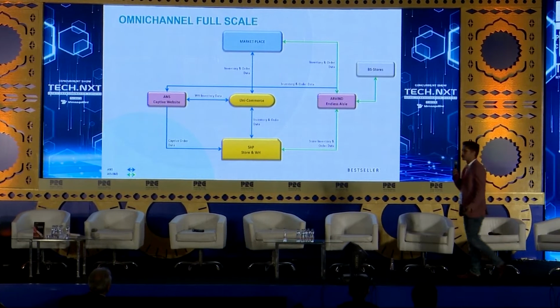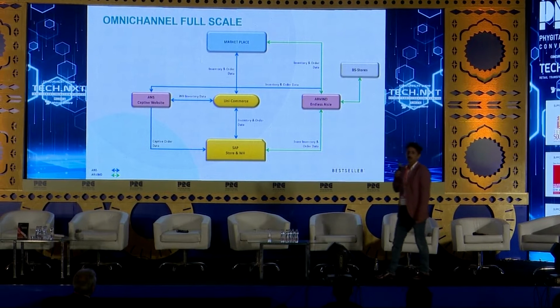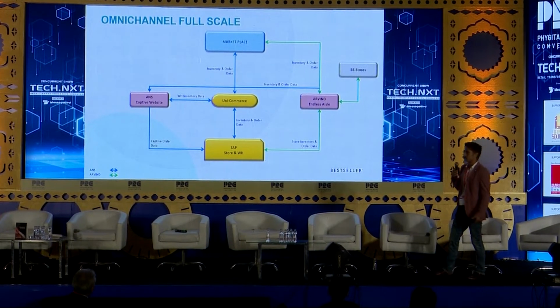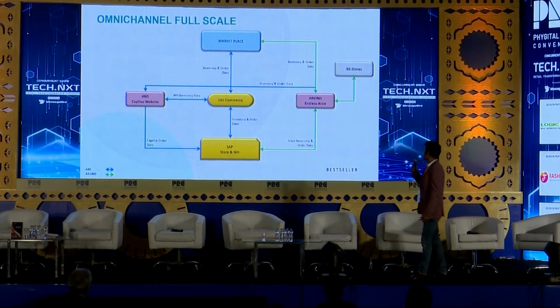Then we went to the second stage where we went full-scale Omnichannel, where we started exposing inventory of warehouse plus stores. So we have close to 300 odd stores. And there, we are running 2 IMS systems as of now. One is for the warehouse, which is coming from Unicommerce. And the second IMS system comes from Arvind.